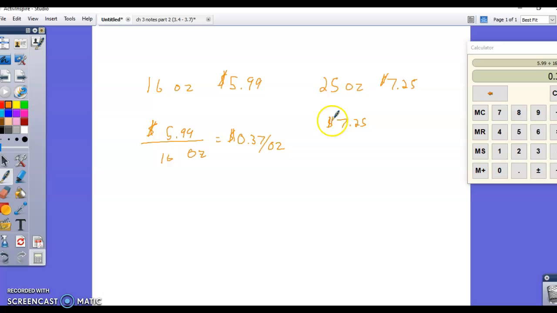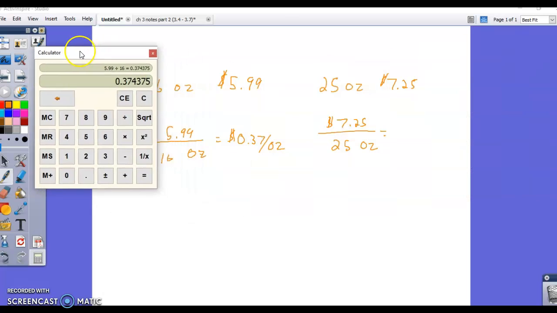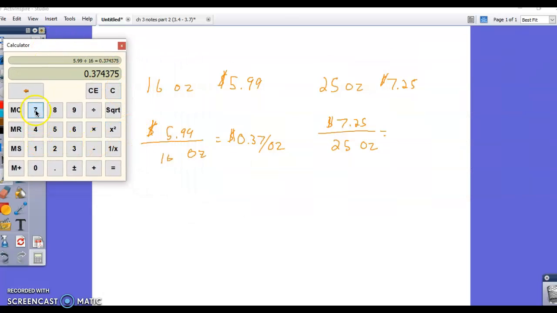Again, dollars on the top, ounces on the bottom. So I can set up 7.25 divided by 25. That gives me 29 cents, so 0.29 per ounce.